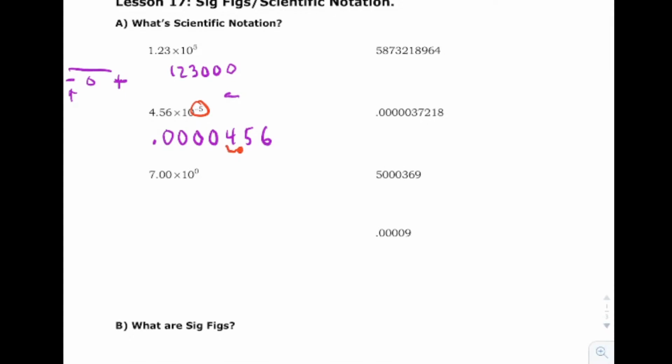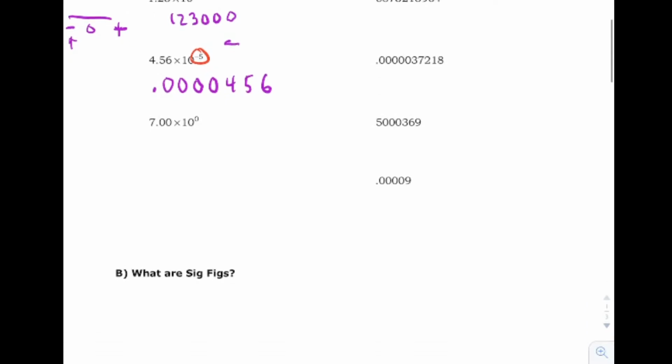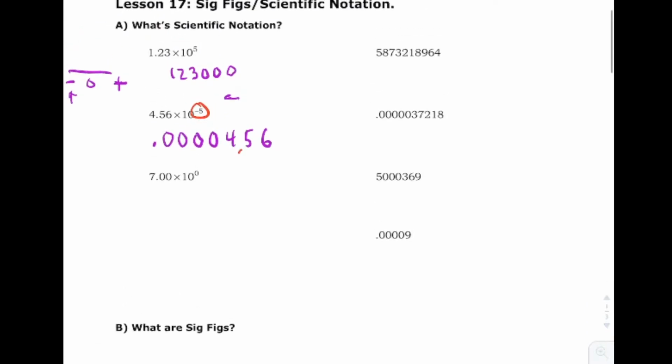That's once. That's 2 times. That's 3 times. That's 4 times. That's 5 times. So you end up with 0.0000456, and then you don't really want to leave all this stuff under here, and you certainly don't want to leave the decimal there. It's not there anymore. It's over here now. That's where it belongs.